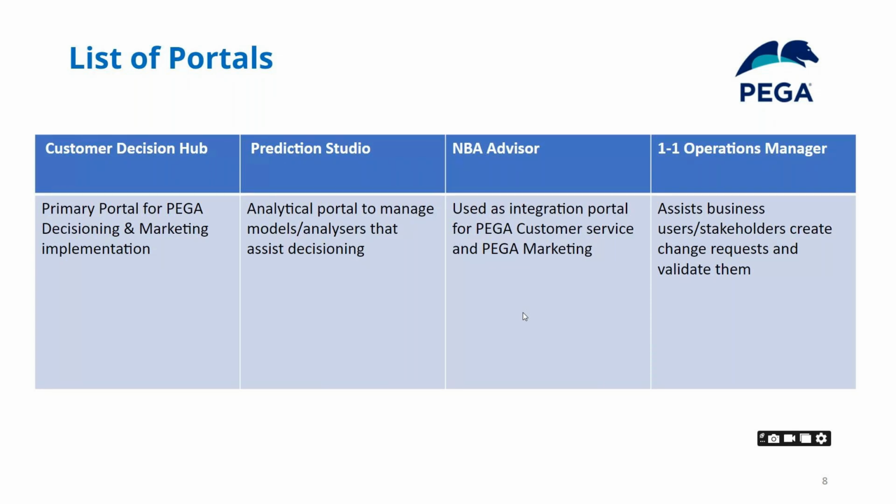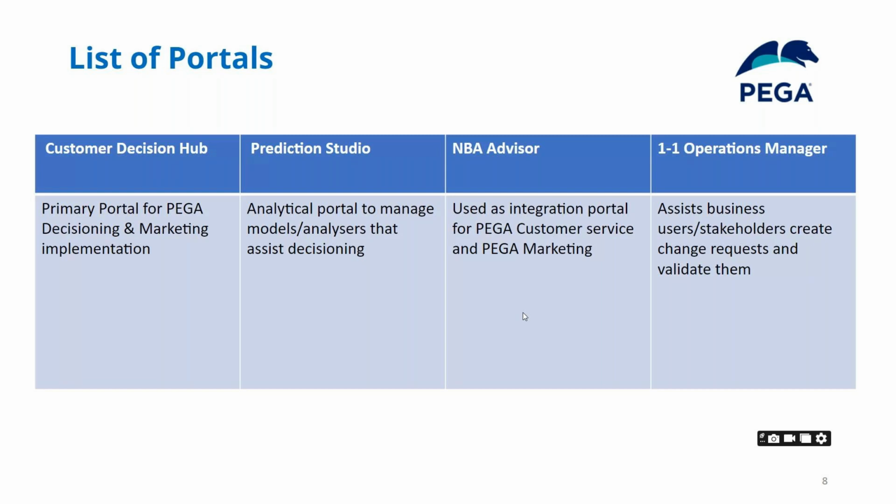Then finally, we have one more thing called the One-to-One Operations Manager. The One-to-One Operations Manager is used by the business to create change requests and validate them. For example, the business wants to create a new offer or update an existing offer, that is, create a new proposition or update an existing proposition.